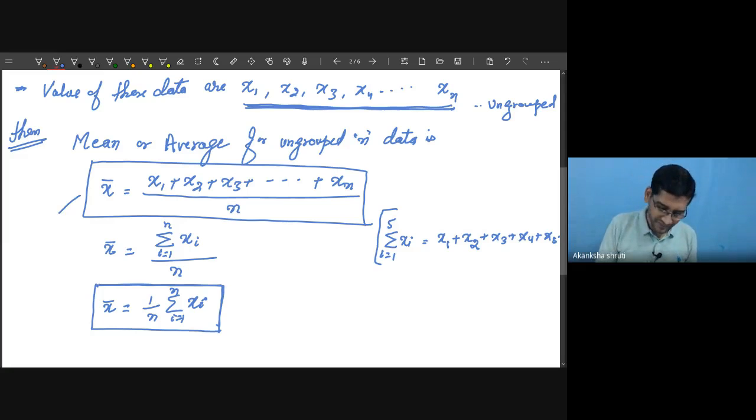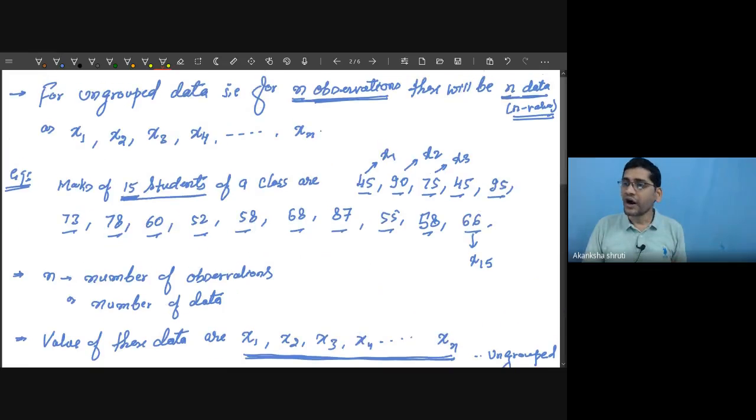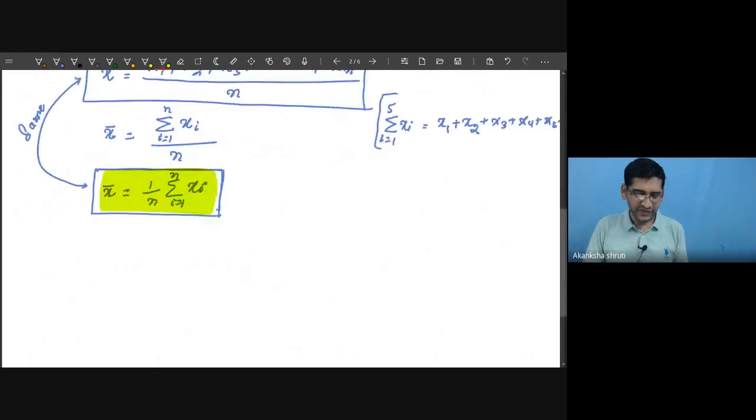This is just an alternate way of denoting. Rather than writing the bigger sum, it is quickly denoted in the form of summation. So the very first formula we need to keep in mind is this one. This summation always means the same kind of thing, a continuous sum. So this was for ungrouped data, and the mean calculation is obtained by this.